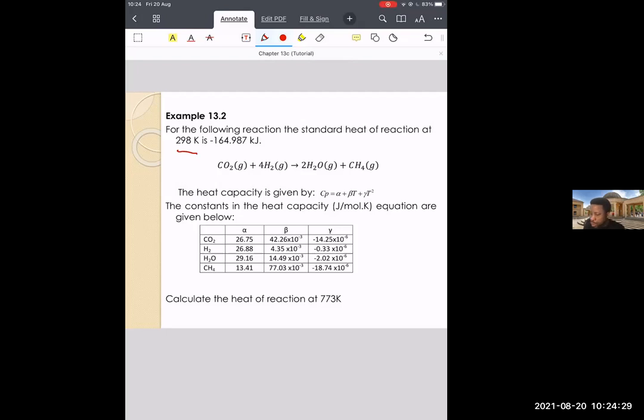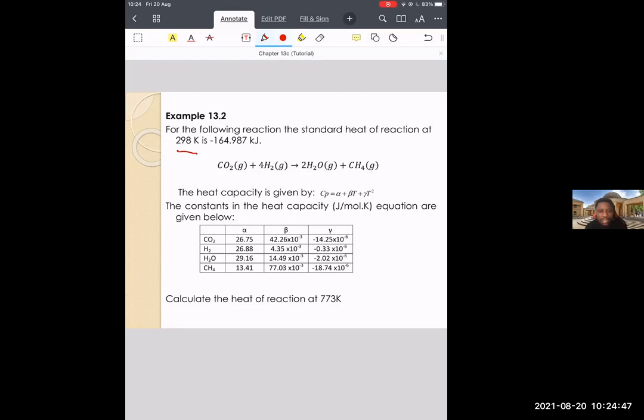You might want to write that somewhere if you've got your notebook. That is the heat of reaction for the entire process.